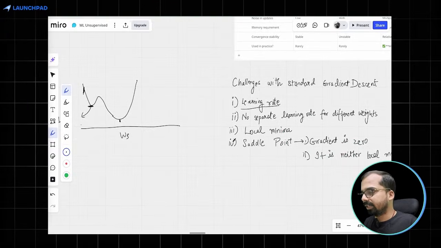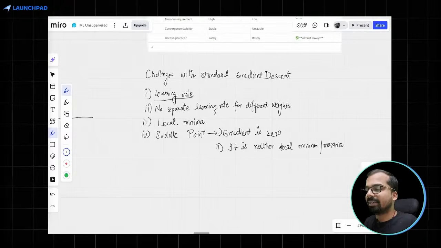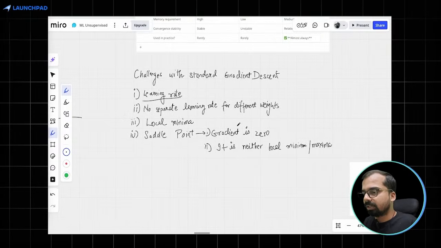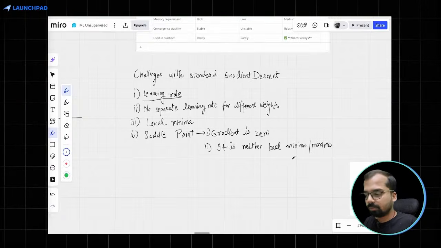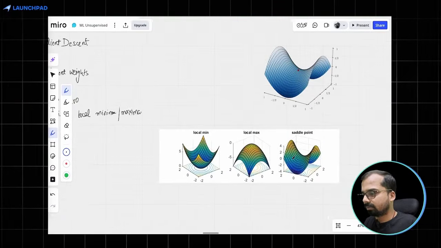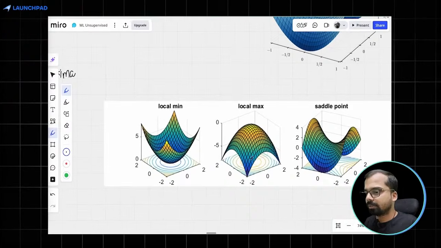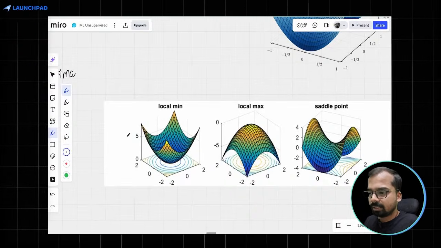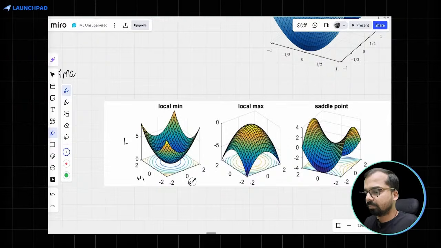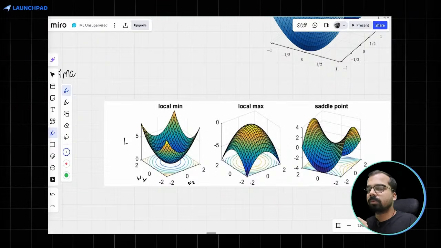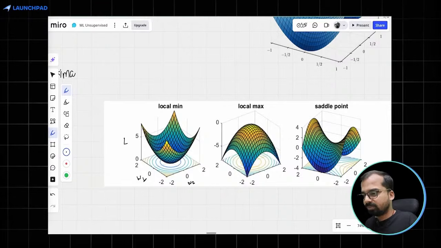Now the next point, a very important point, is saddle points. In saddle points, gradient is 0, but it is neither local minima nor local maxima. So let's take a look. Here basically, this is my loss with respect to, imagine this is W1 and W2. Loss with respect to 2 parameters. Let's assume we had only 2 parameters.